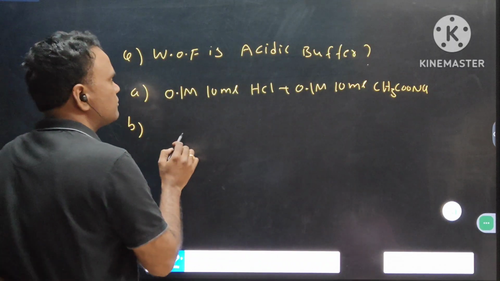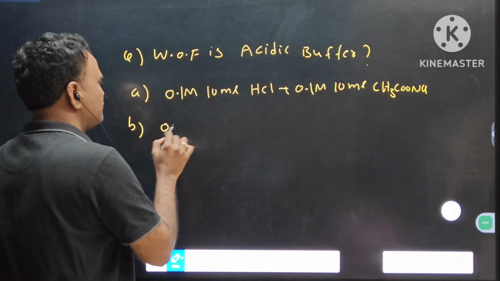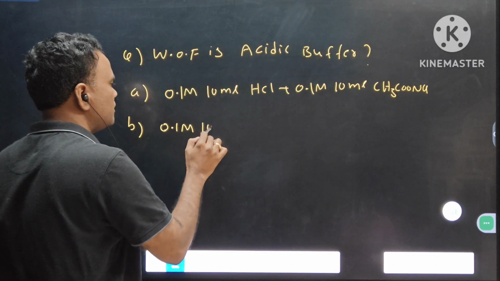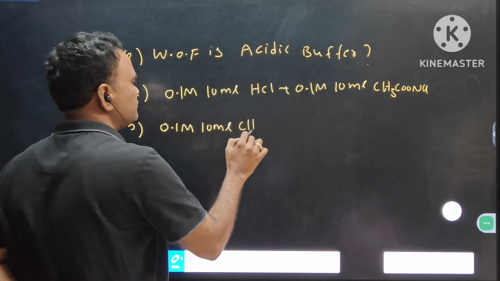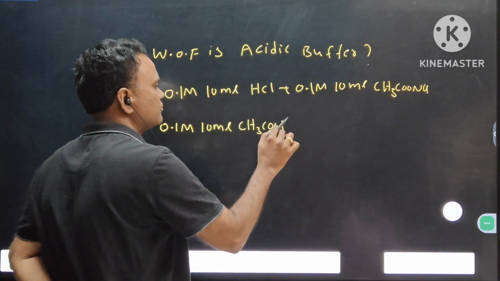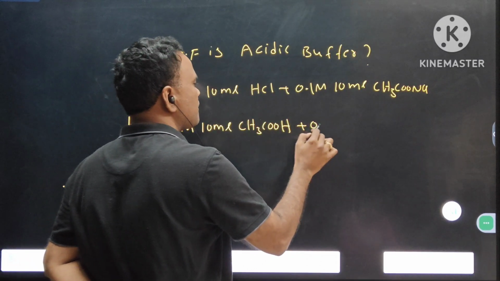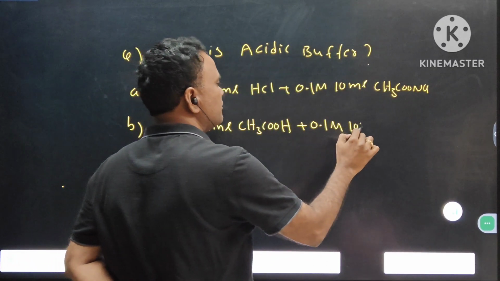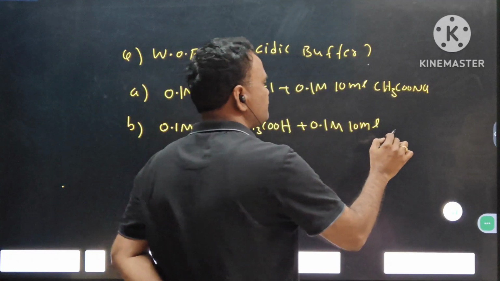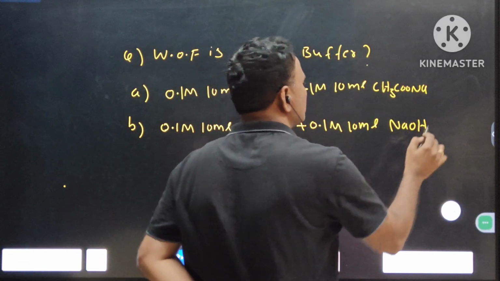Second option, 0.1 molar 10 ml acetic acid plus 0.1 molar 10 ml NaOH.